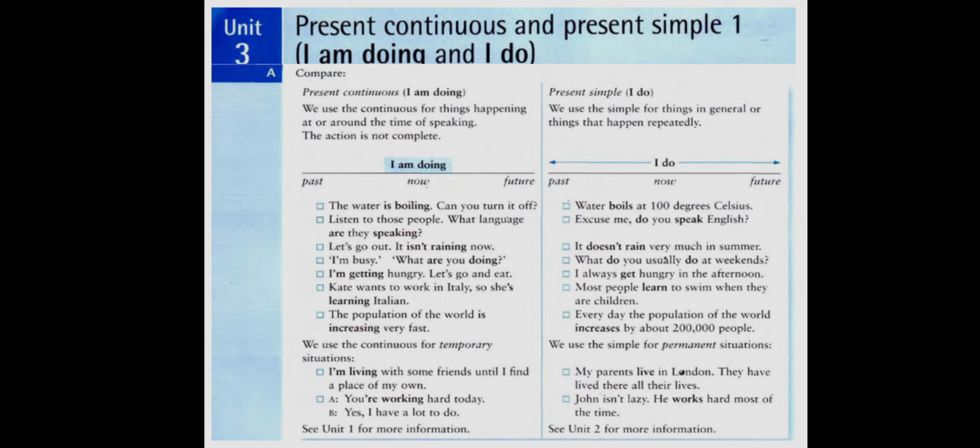We use present simple. We don't use present continuous because we are not describing his situation now. In the previous example, we were describing the situation now at the moment of speaking. That's why we said you are working hard today, means at this moment.